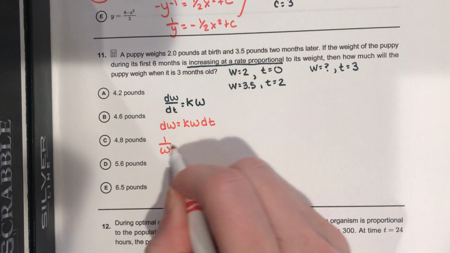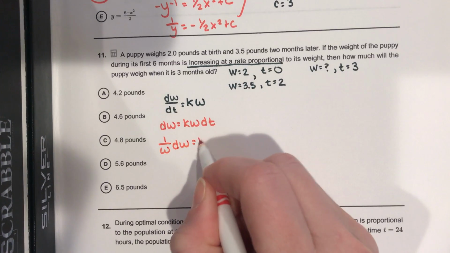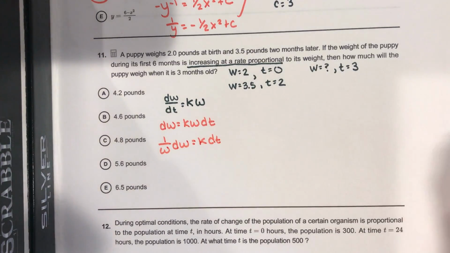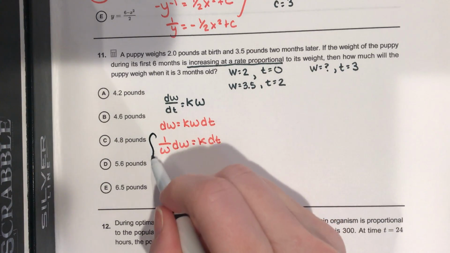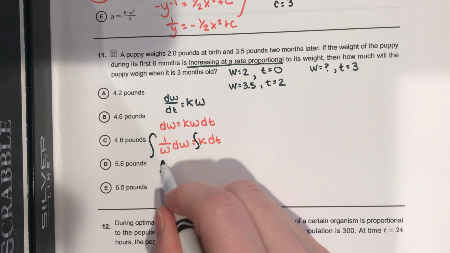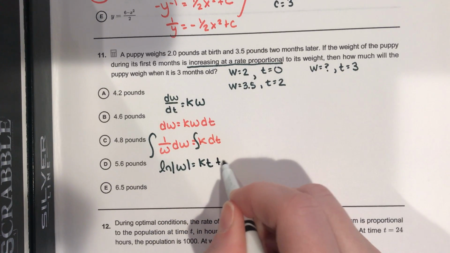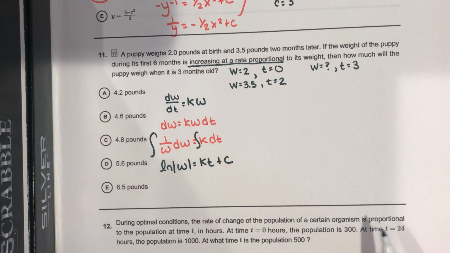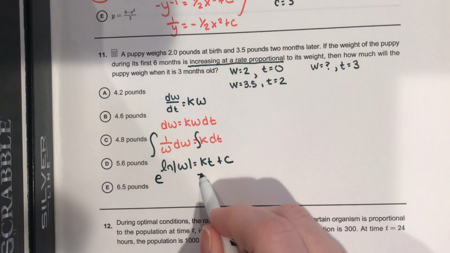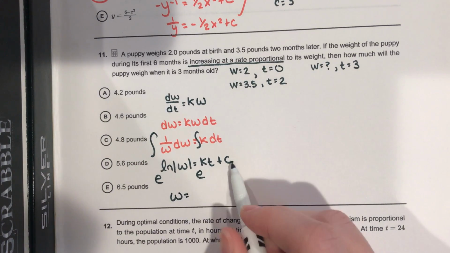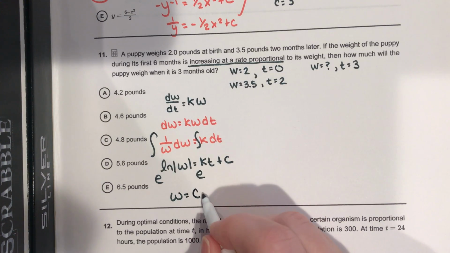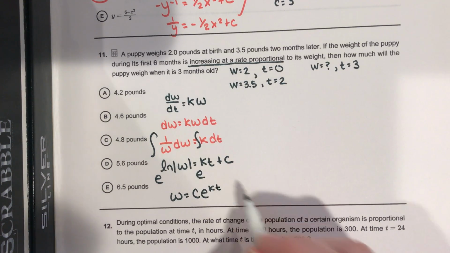So 1 over W dW equals K dt. I'm going to take the integral. That's the ln of W equals KT plus C. I'm going to do e to both sides. W equals, now I can move the C to the front, CE to the KT.